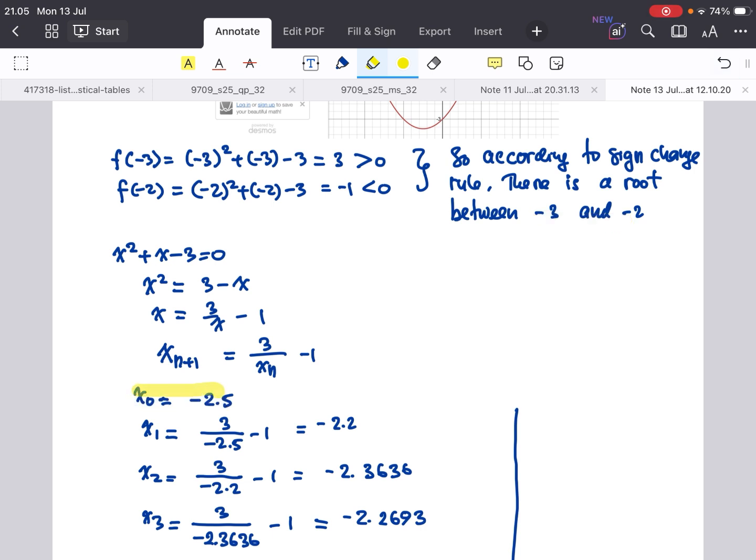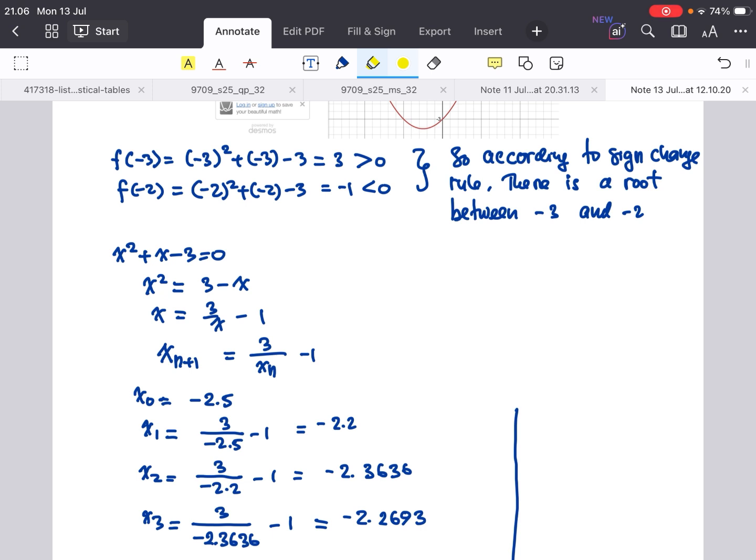But this is not a must. You may start using another value, for example negative 2.4. But don't start from a value very far from these two values. So in this case, I start with x equals negative 2.5.